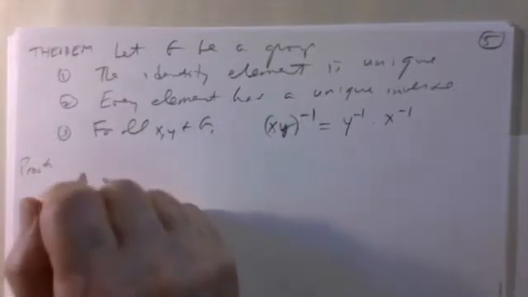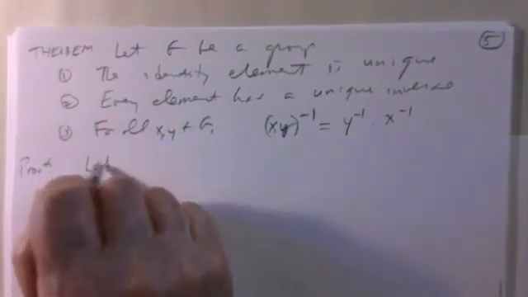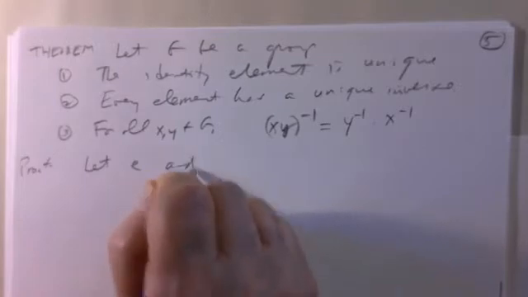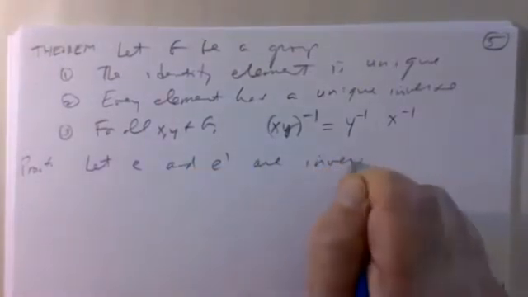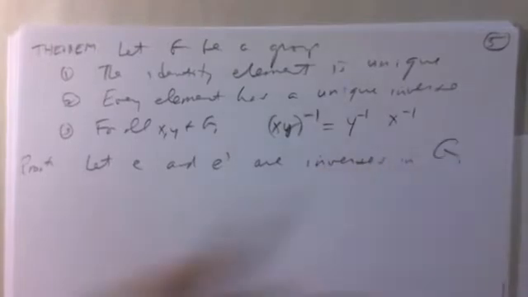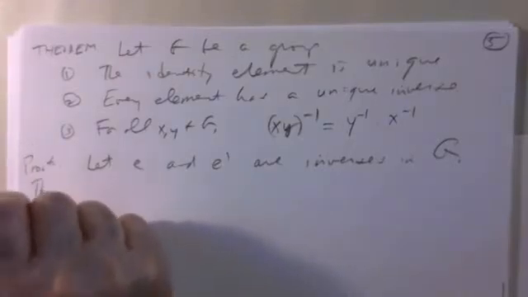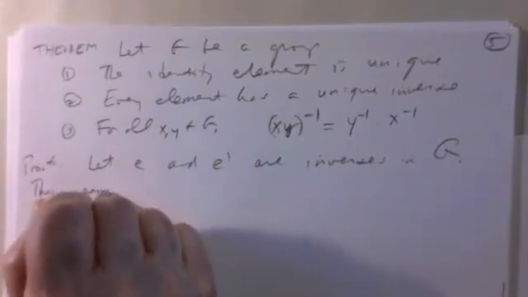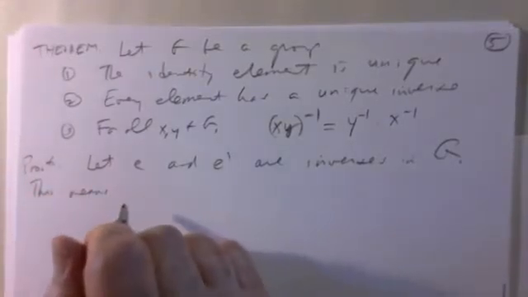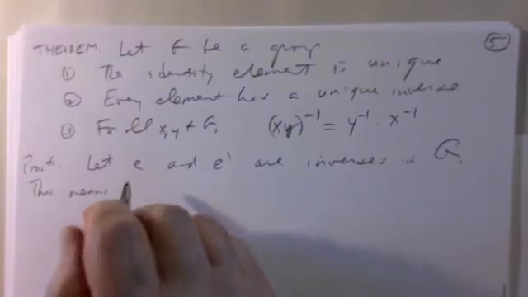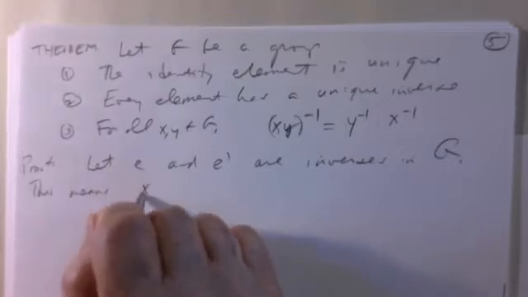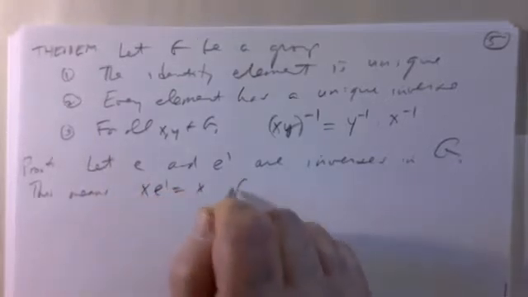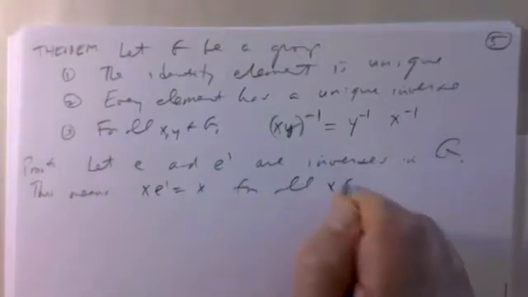So how do we prove this? So suppose that e and e prime are identity elements in the group. So this means x e prime equals x for all x in the group.